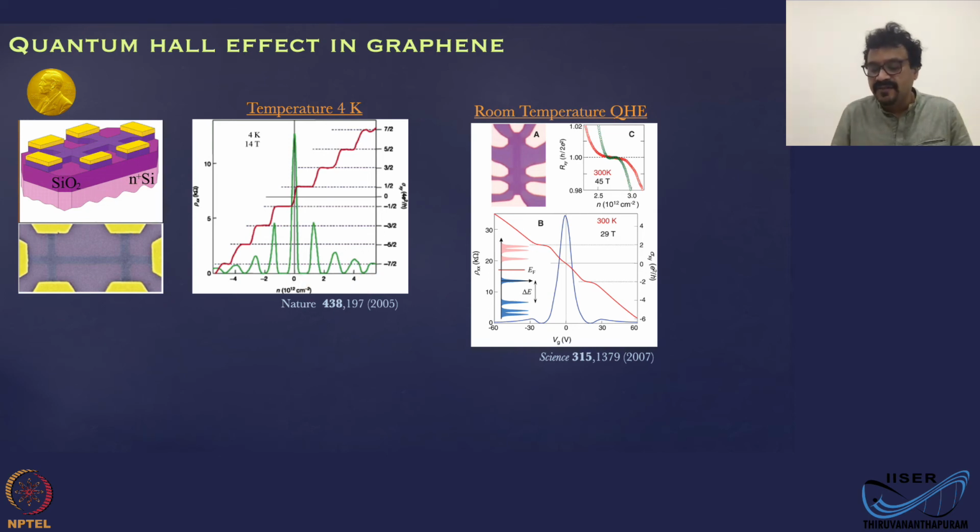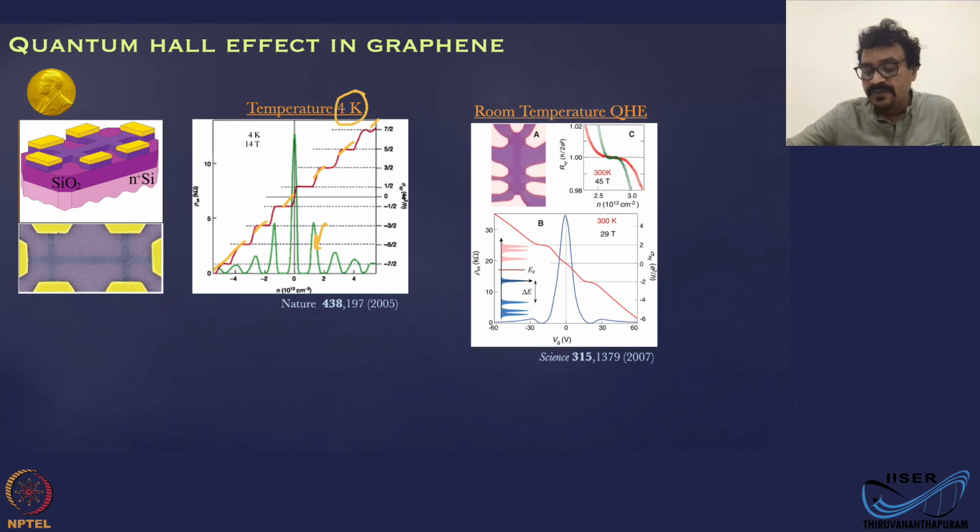Okay, when this experiment was done, then also they observed a step-like feature as opposed to a straight line in the Hall effect. And of course, they also observed oscillation in the Rxx, that is the green curve here. This experiment was done at 4 Kelvin.